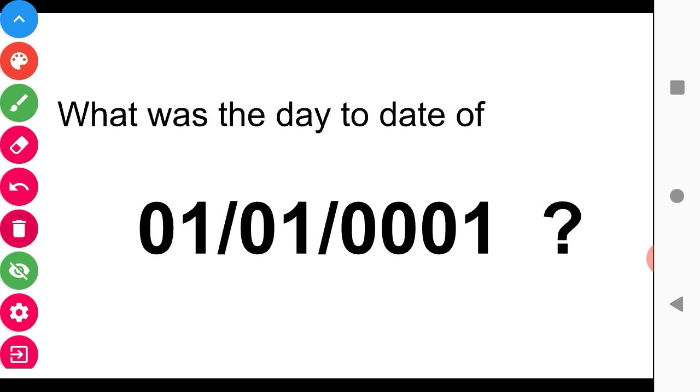The simple common sense: if you follow the same calendar from the starting year onwards, what is the day of 01/01/0001, first year, first month, first day?